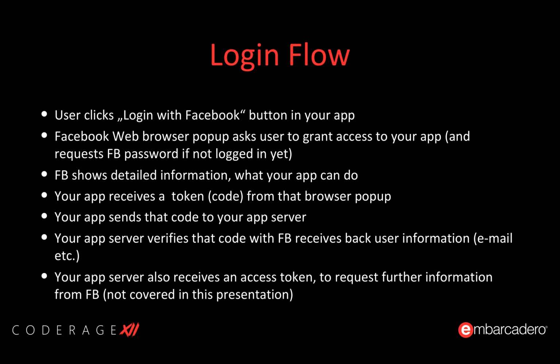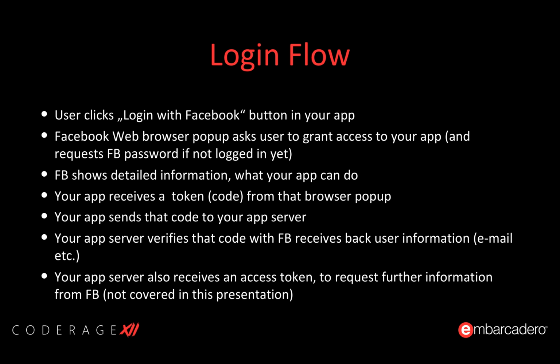So besides the email, of course, you get the username and the profile picture, and you receive another access token from Facebook, which you could use to crawl through Facebook's Graph API. The Graph API is basically the main API of Facebook, where you can request any kind of information for a user.